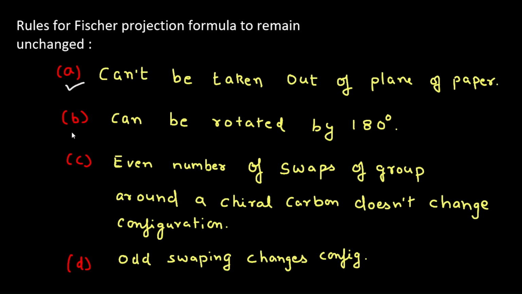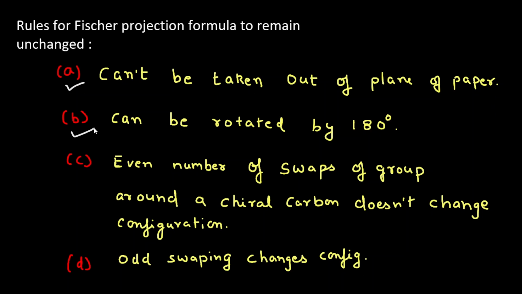The next thing, you can rotate the Fischer projection formula by 180 degrees, either clockwise or anti-clockwise. You should not rotate it in odd multiples of 90 degrees, for example 1 times 90, 3 times 90, 5 times 90. Such rotations are not allowed.